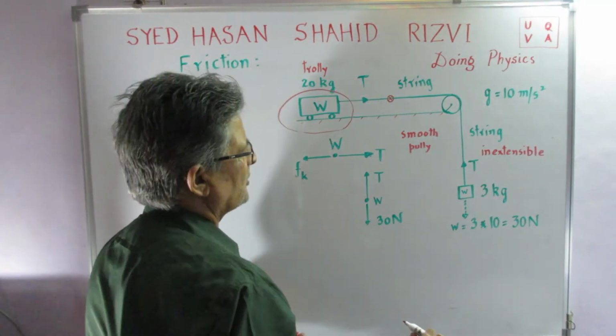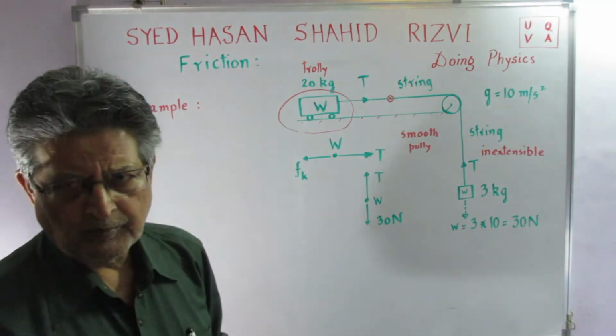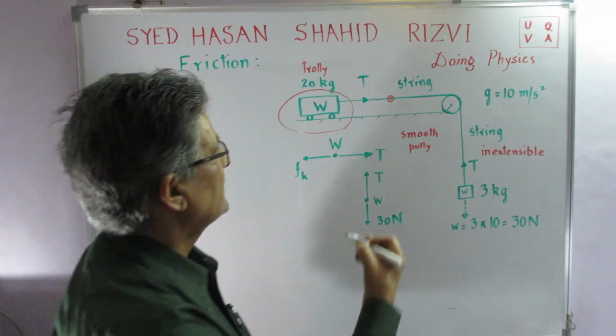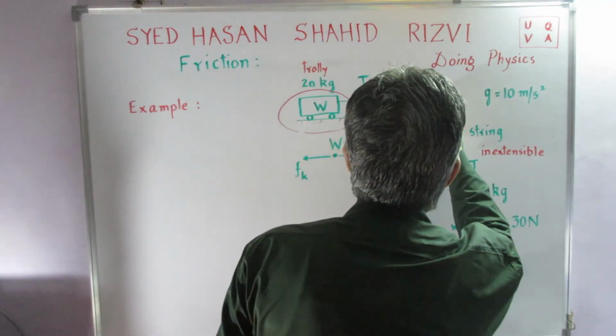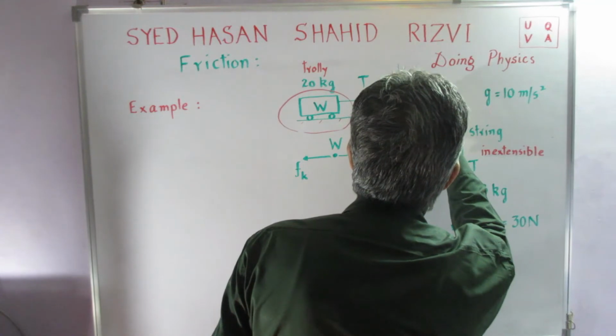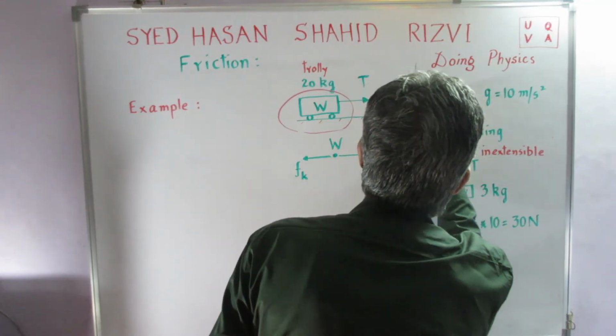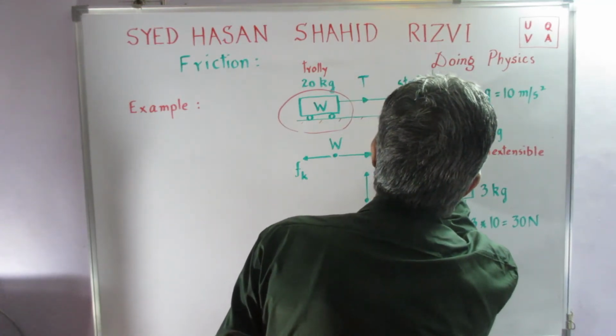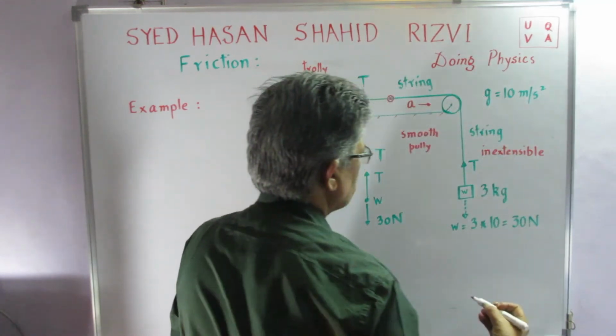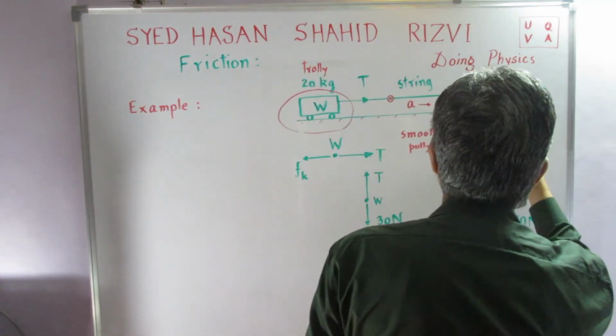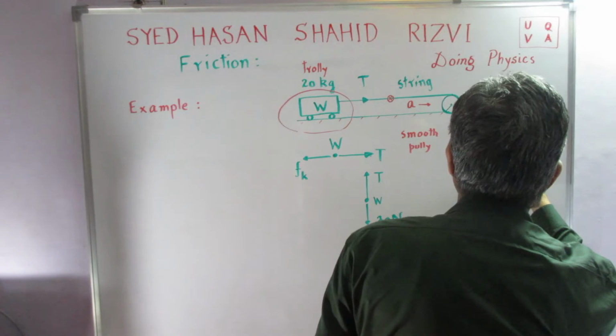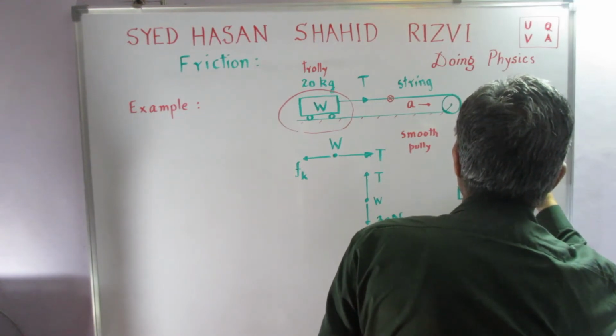I'm not talking about the velocity, the velocities of the two bodies will be the same, but the major thing is the associated acceleration, which must be in this direction here, and the associated acceleration in this case also will be in the same direction, like this.